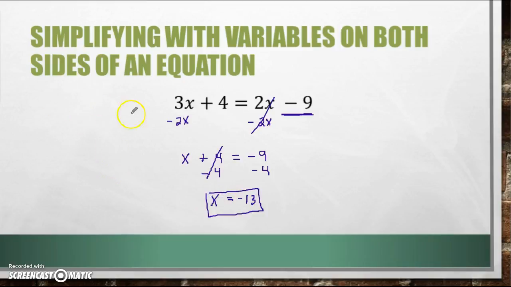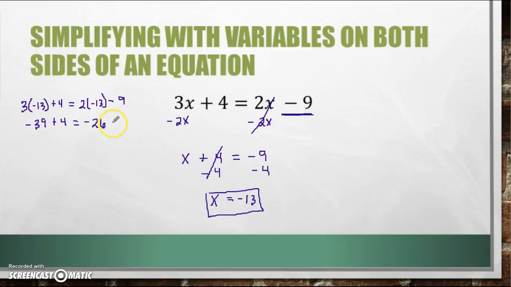And just for good measure, if I check my answer by plugging in negative 13 for x, I would have 3 times a negative 13 plus 4 equal to 2 times a negative 13 minus 9. 3 times a negative 13, that's a negative 39 plus 4 equal to 2 times a negative 13, that's a negative 26.